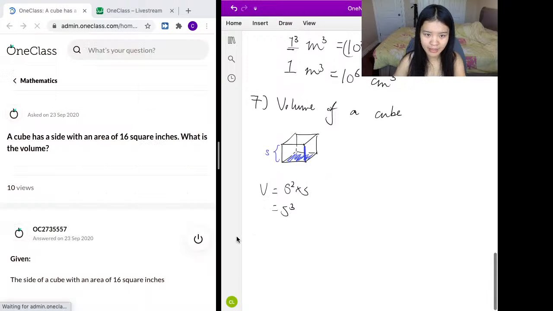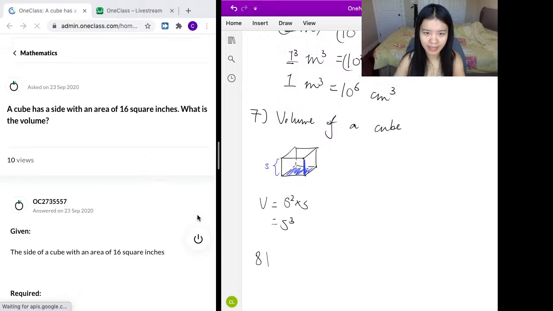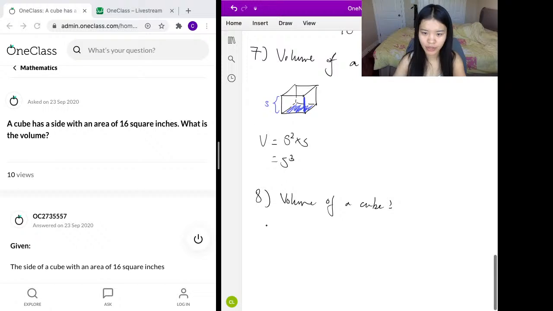Okay, let's look at our next example. The next example is actually a practical application of our previous example. How convenient. Our next example is asking us the volume of a cube. Let's just draw another cube for this question.